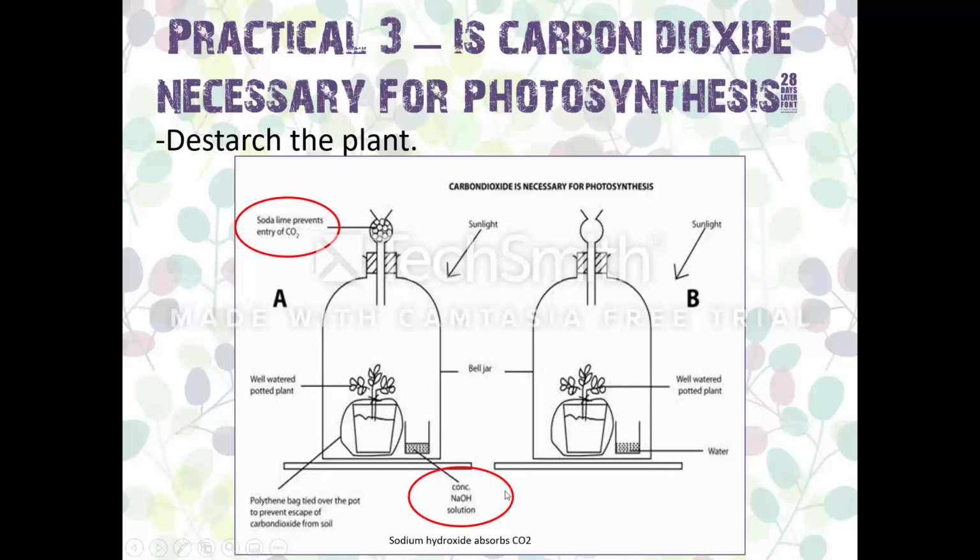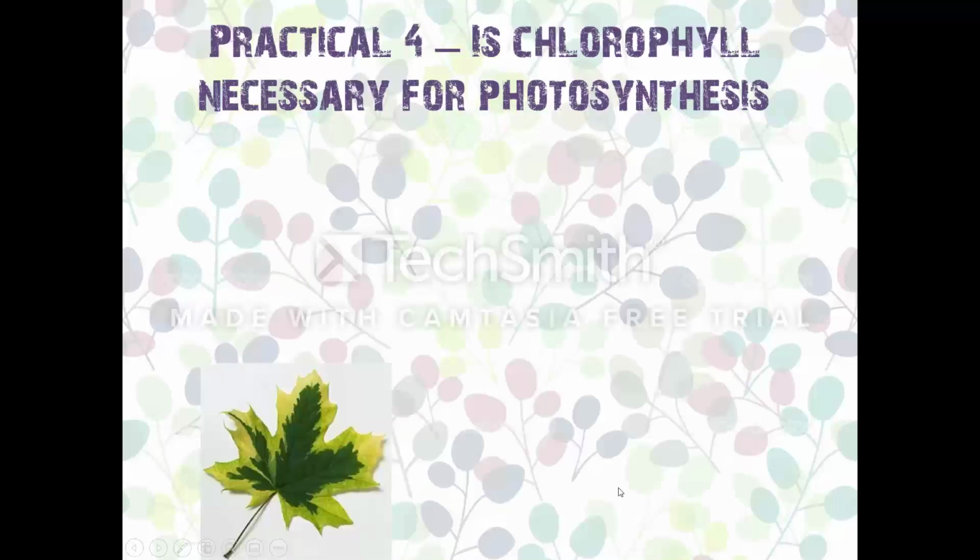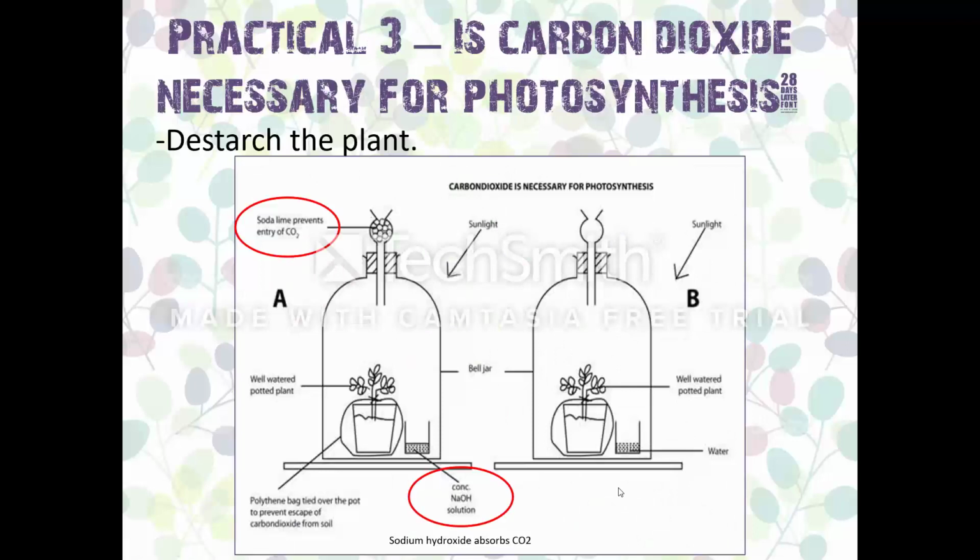Now, please, guys, in the question, you need to know these two things. Soda lime prevents the entry of carbon dioxide, and sodium hydroxide absorbs the carbon dioxide from the bell jar. Those two things are very important to know. Control, again, and test, again. I don't have a follow-up on the slide, but it's easy enough. Once I've done this, what am I going to do? I'm going to take a leaf from this plant.